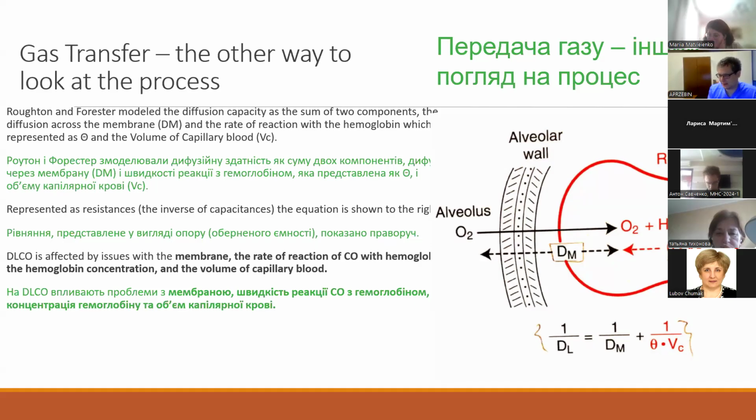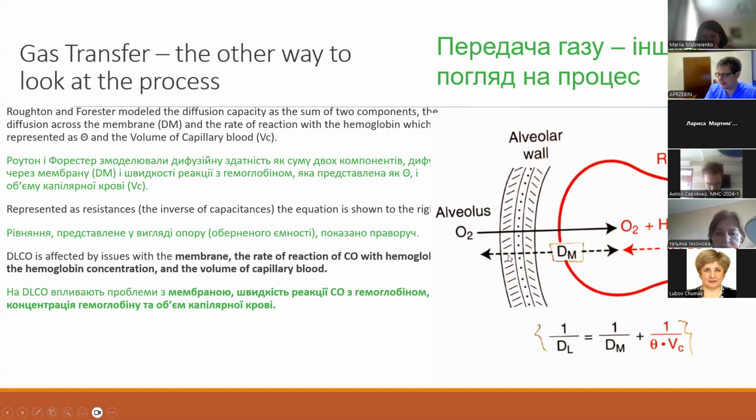So these 2 guys, Roughton and Forster, modeled the diffusion capacity of the lung as the sum of 2 components. In order for the gas, whichever gas, oxygen, carbon dioxide, anything, to be absorbed, it has to cross the alveolar wall, and then it has to interact and get taken up by the red blood cell itself. Okay? So there's 2 components.